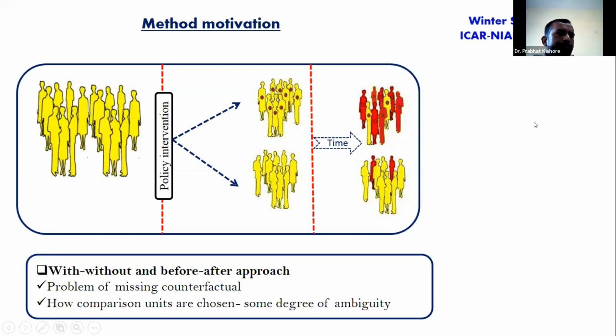Here, suppose person A has got the treatment, and you compare with someone who has not, say person B, and you think both persons are very much similar. So you are assuming that both are similar and then seeing the effect.